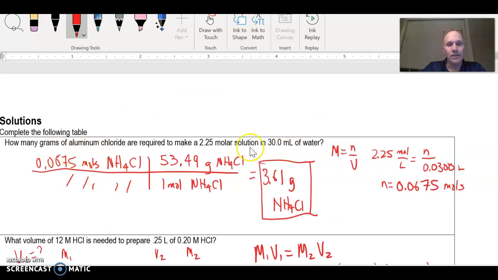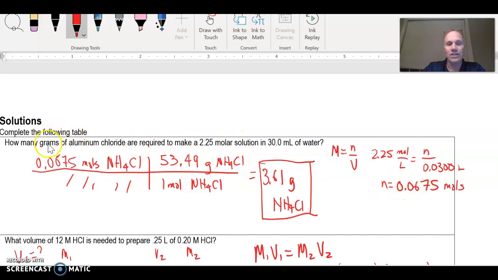All right, for solutions, a couple of basic questions. How many grams of aluminum chloride would be required to make a 2.25 molar solution in this much water? The first thing we're going to do is take this molarity, and I know the volume, so I can use this equation to calculate how many moles of aluminum chloride that would be.